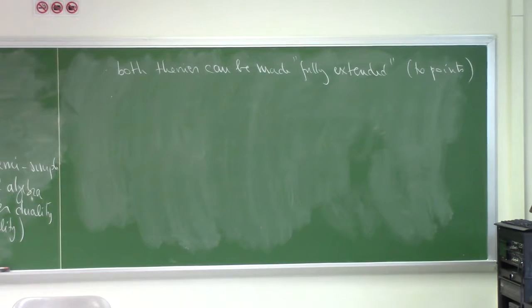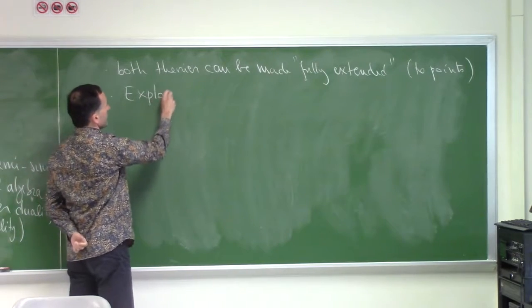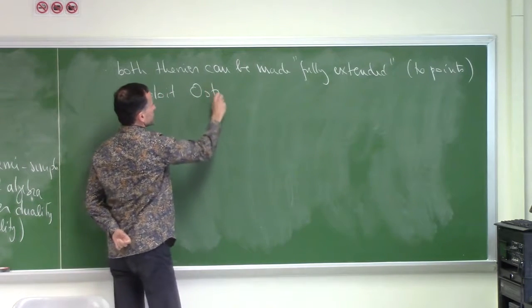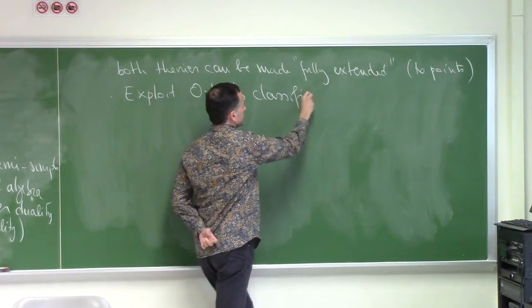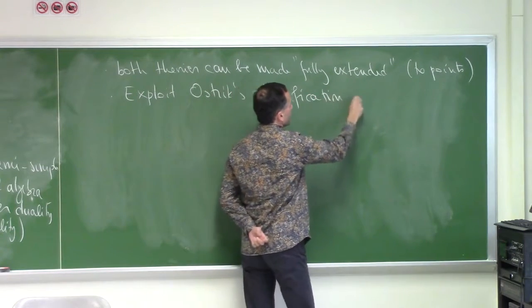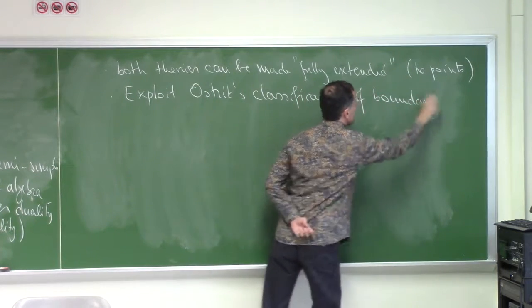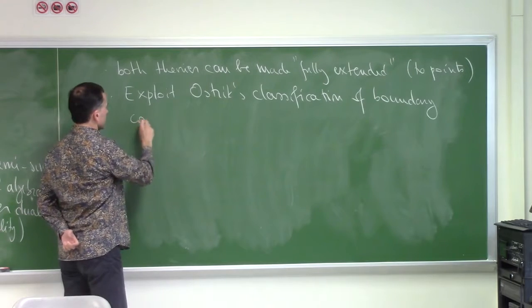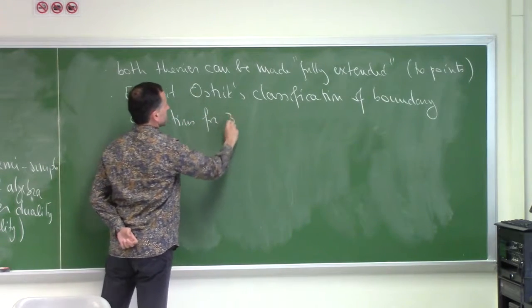It's a result of, I think, Ostrik, who may have been the first to write it down cleanly, but it may precede him. So we exploit Ostrik's classification of boundary conditions for 3D gauge theory.